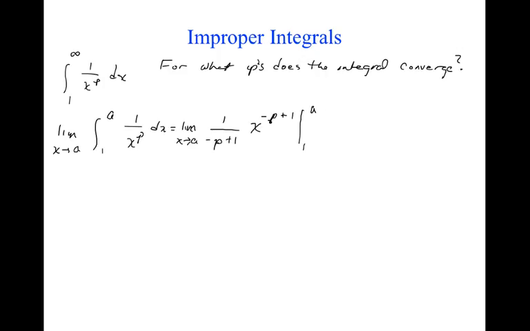So let's get this looking like a fraction. I think these limits are easier to evaluate as a fraction without negative exponents. So I'm going to do the limit as a approaches infinity of 1 over negative p plus 1 times 1 over x to the p minus 1. Would you agree with that?